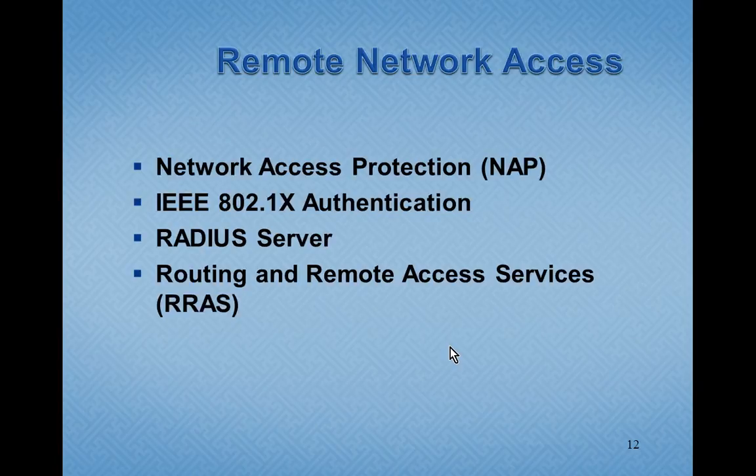There's Active Directory Federation Services, which allows for two different authentication realms to share credentials so that users can use a single sign-on procedure, and that way they're not required to log on individually to each network.